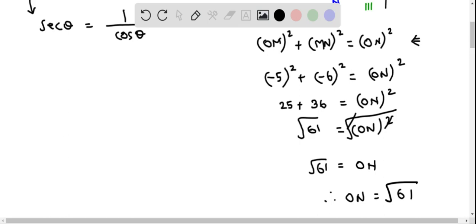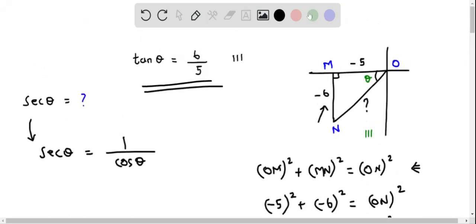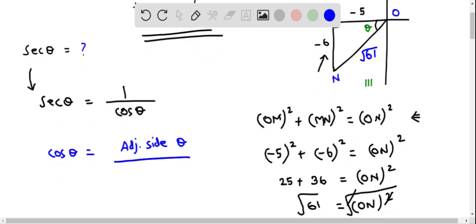And so we can mark this on the right triangle. So let me mark ON as under the root of 61. Now we can determine cosine theta from this right triangle. Cosine theta basically is, according to SOHCAHTOA, adjacent side to theta over hypotenuse.